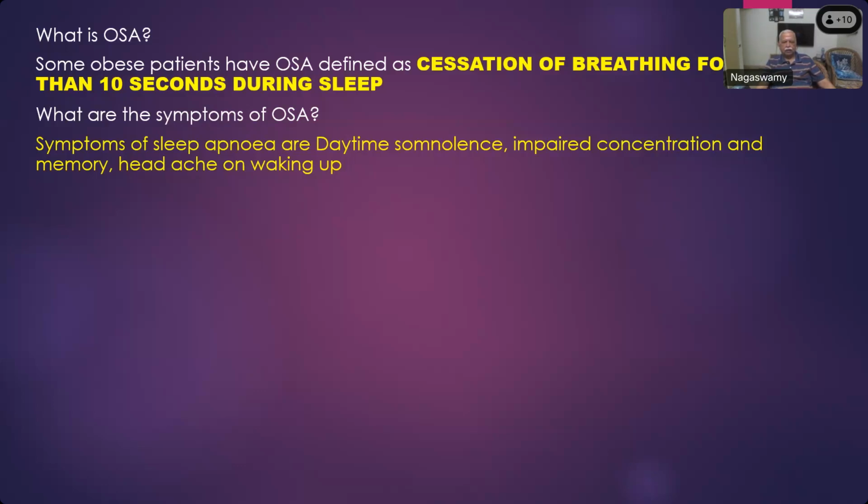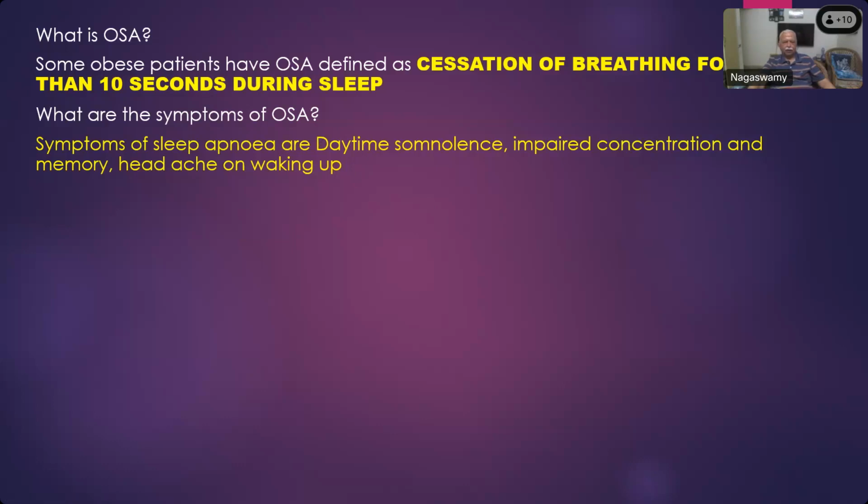So what is OSA syndrome? Is there any terminology called OSA syndrome? Pickwickian syndrome is different. Pickwickian syndrome is a short-statured, pot-bellied, hypoxic, hypercarbic patient.